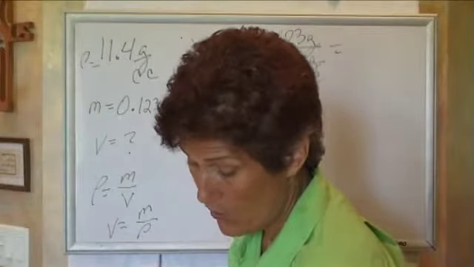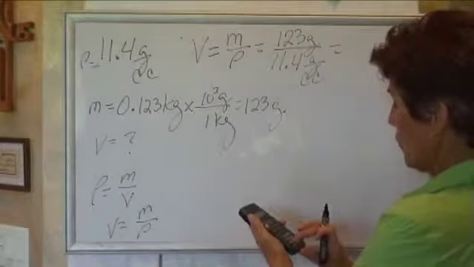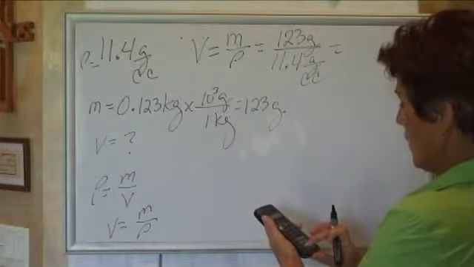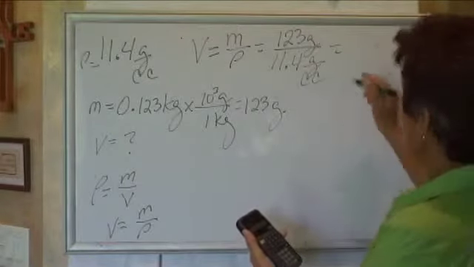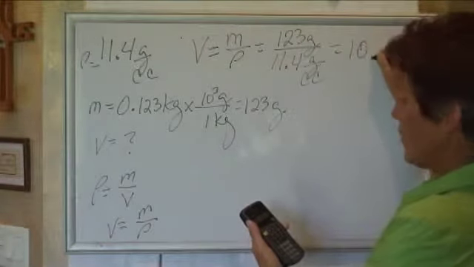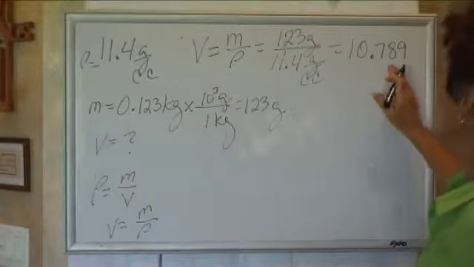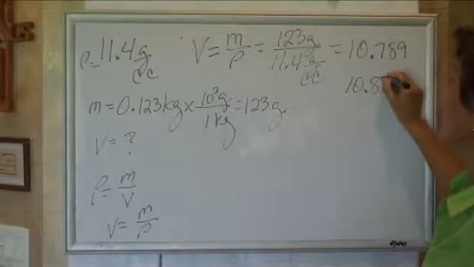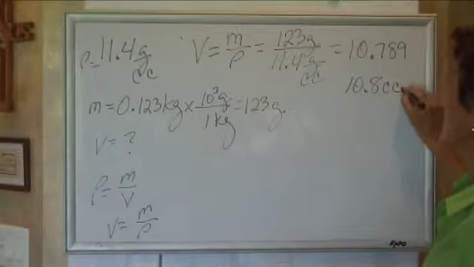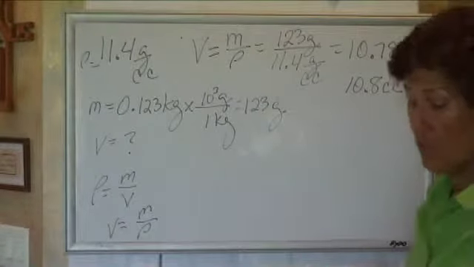And he doesn't tell you what volume he wants it in, so you can leave it in cc's. And so it's 123 divided by 11.4. 3 significant figures. What's in my calculator is this. So you need to round this up. So 3 significant figures would be this, cc's. That should be what your answer is. You could have put it in scientific notation if you wanted to.